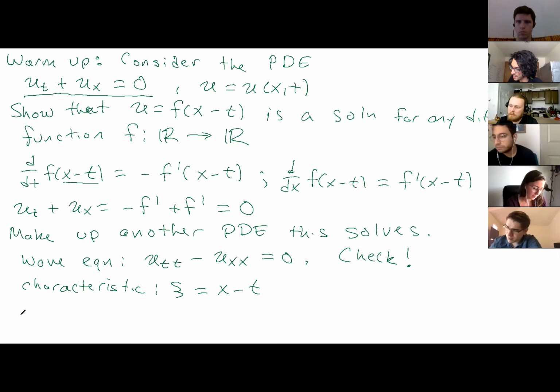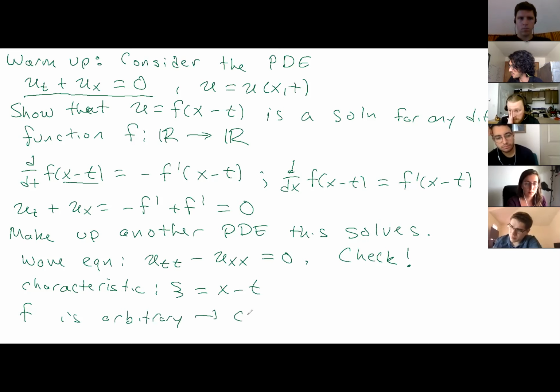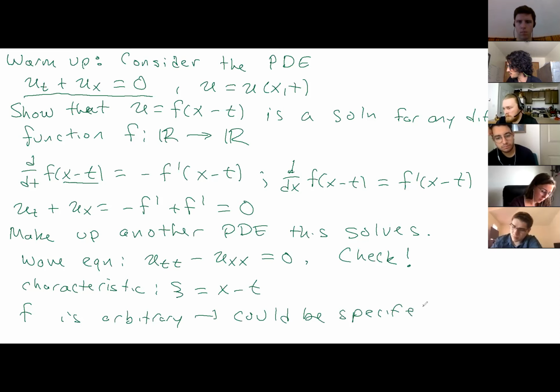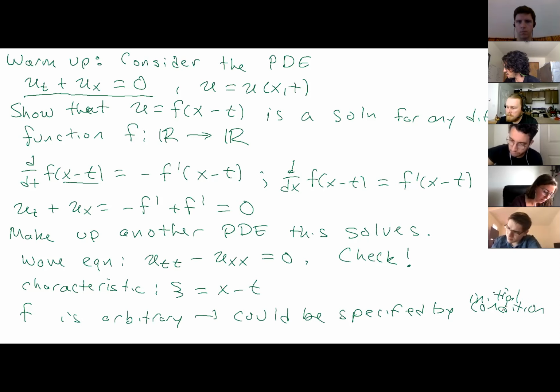Another thing that we've left out here is initial conditions, okay? So there's also the effect of initial conditions where f is arbitrary, but it could be specified by an initial condition, okay? u of x, 0 equals some function, we'll call it u_0 of x, okay?